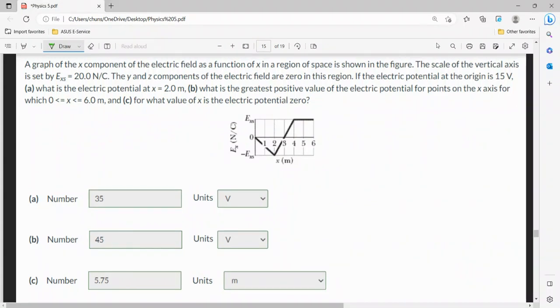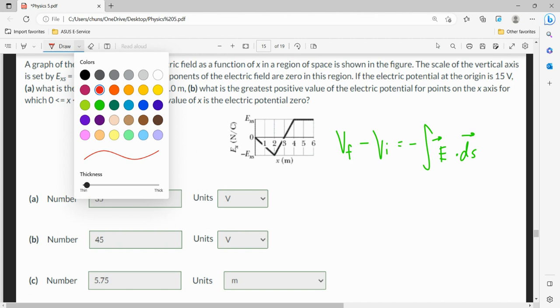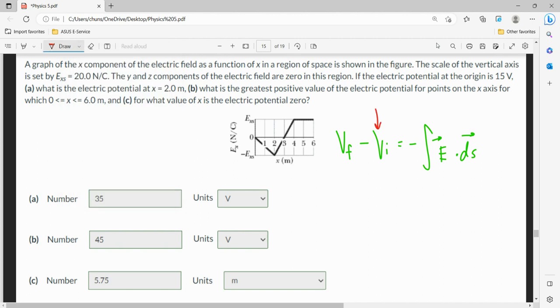So we are going to use this equation here. So this is VF minus VI equals negative the integral of E dot ds. In this example, we are already given our VI, which is equal to where our origin is set at, 15 volts.